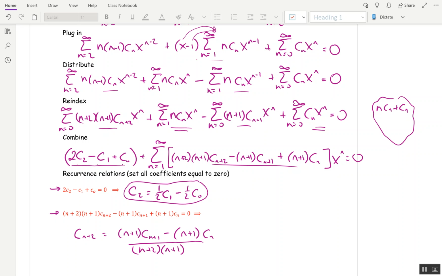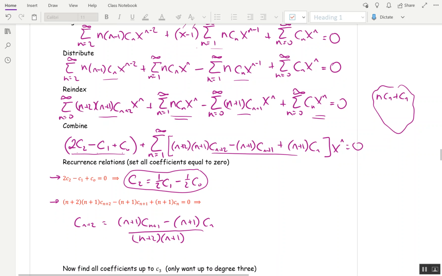Now I can factor an n plus 1 out of the top, and when I do that, I can cancel it with the n plus 1 in the bottom. So I'm going to get Cn plus 2 is Cn plus 1 minus Cn over n plus 2.